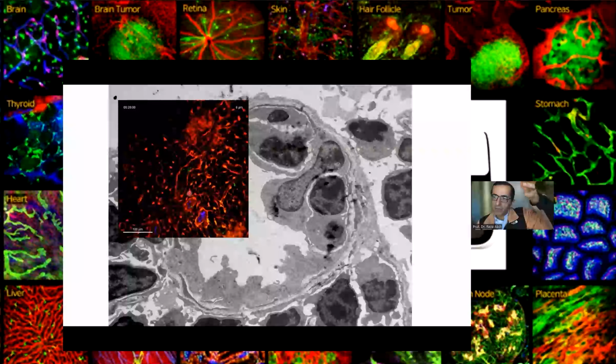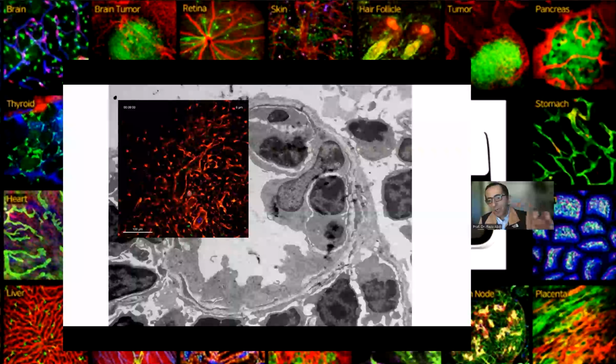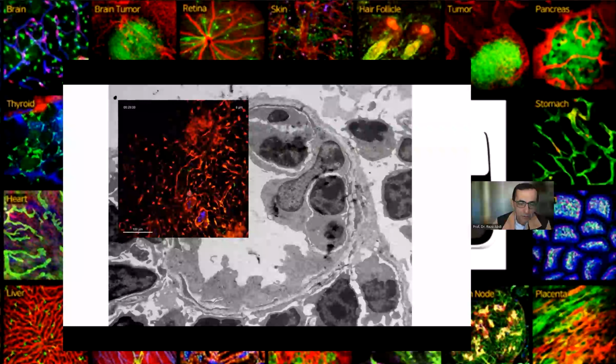If you don't have multicolor reporter mice, and you're interested in dendritic cells, T cells, in addition to stromal cells, you don't need to have all the reporters in one mouse. You can focus on one. If you're focusing on dendritic cells, you can get the GFP, CD11c, or whatever, and then introduce an antibody like collagen or antibody for vessel. So now you have multicolor images of the tissue.